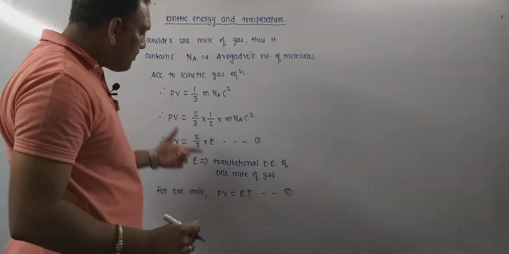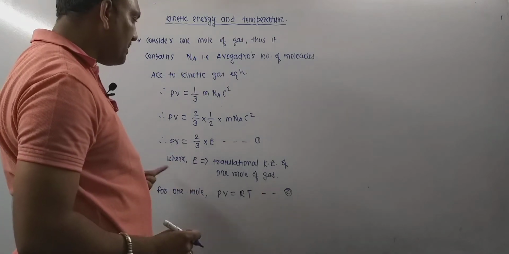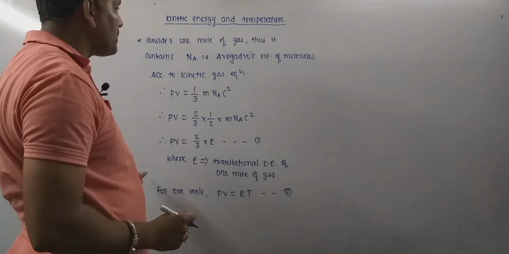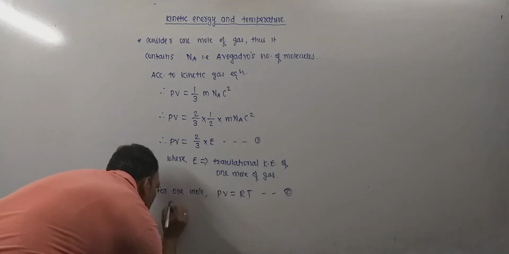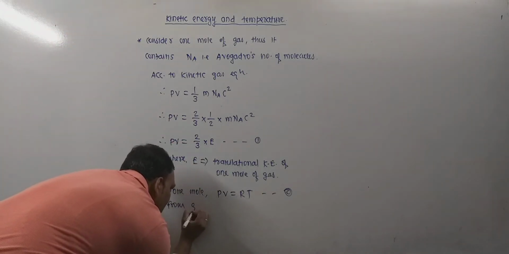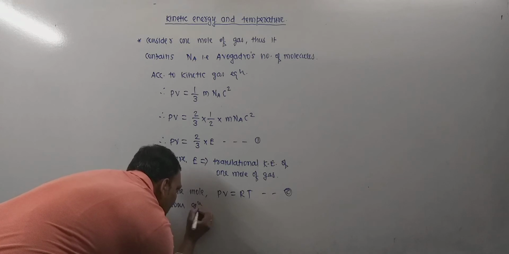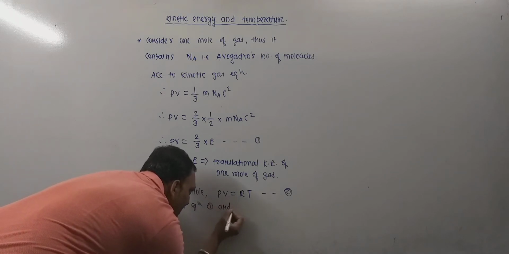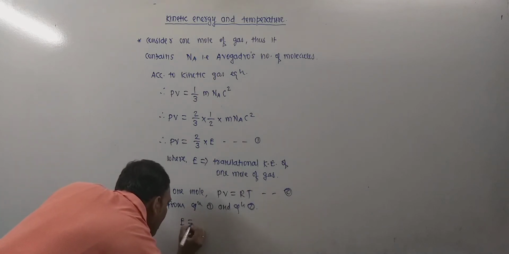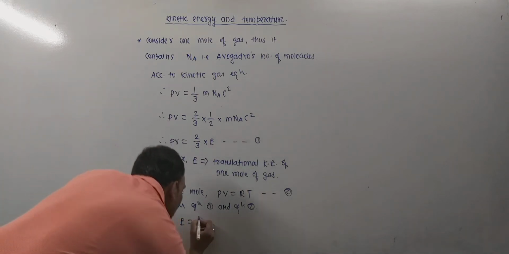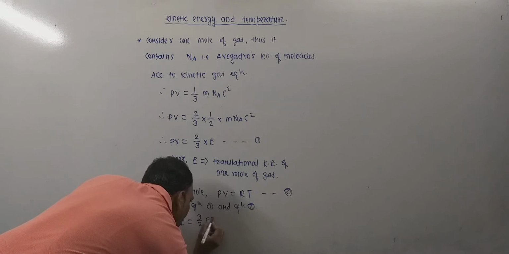So when we compare these two, I mean equation 1 and 2, we can compare them easily. From equation 1 and equation 2, we can write E equals 3 by 2 RT.